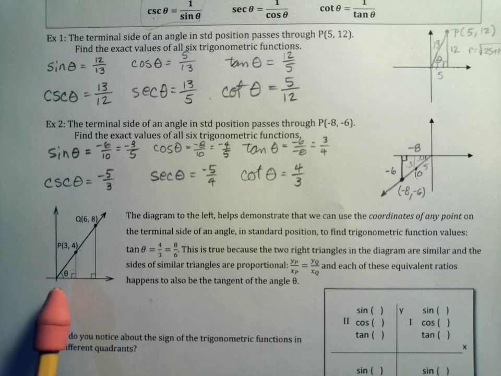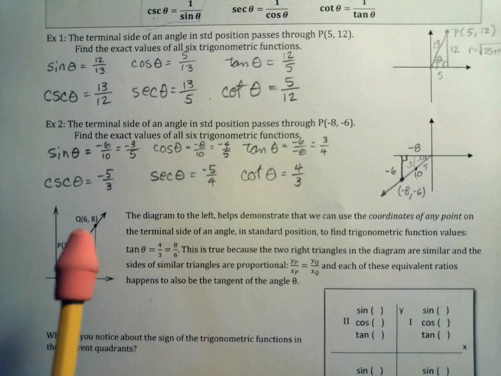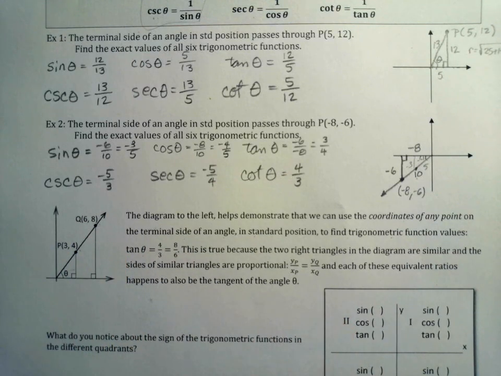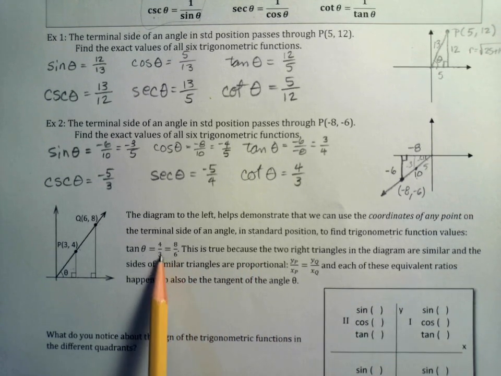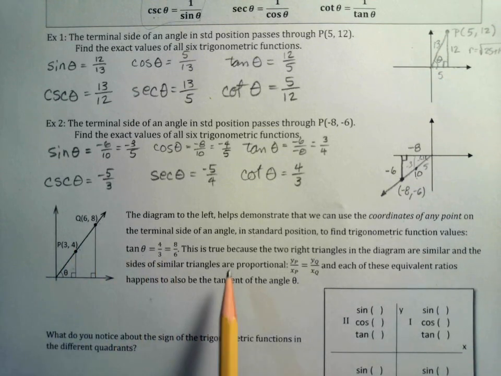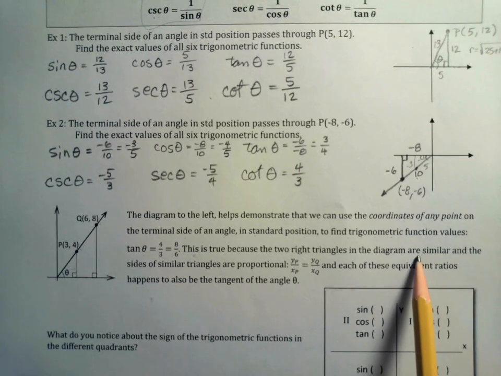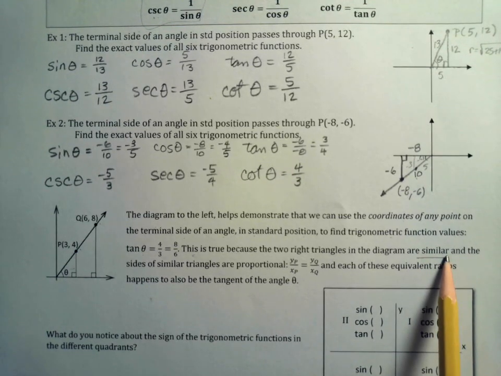Then the ratio of the opposite and adjacent, or in this case the y over the x, will be the same for any right triangle that has that same angle theta in it. All right, this is true, again, because the two right triangles in the diagram are similar, right?